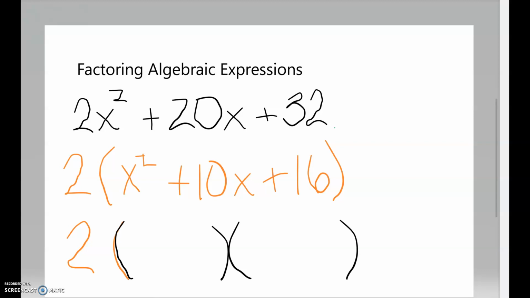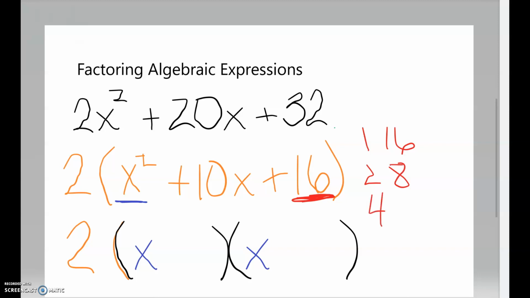And now I'm going to go through, okay, what two terms multiply to equal x squared? It's going to be x times x. And then I'm looking for factors of 16: 1 and 16, 2 and 8, 4 and 4.